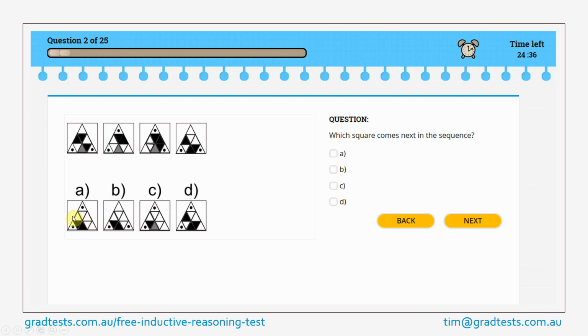So if we look at A, yes, it has the black triangles in the correct position. C, well, has a grey triangle there, and D has, no, the black triangles aren't there. So D's out, B was already out, feels like it's left between A and C. And we need to just figure out what's going on with this grey triangle now.